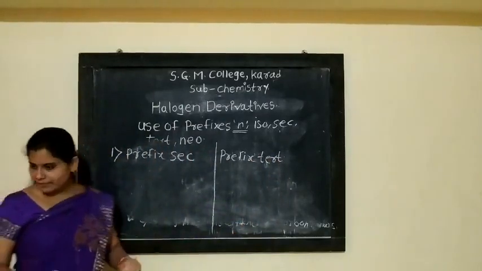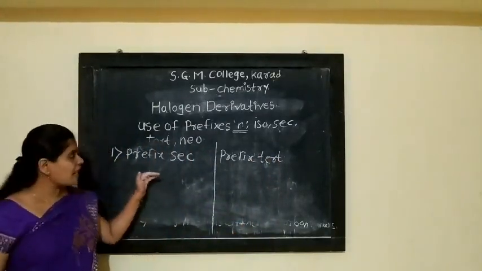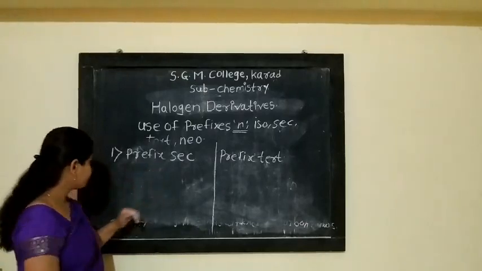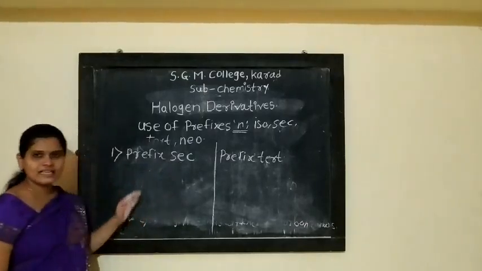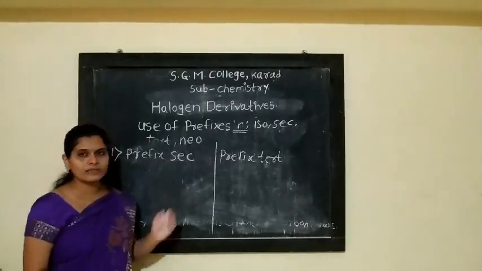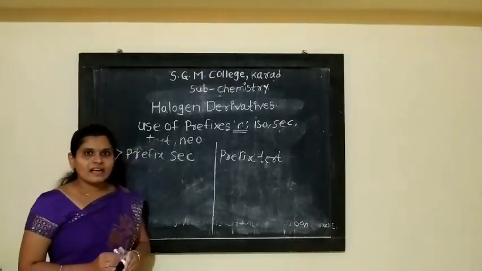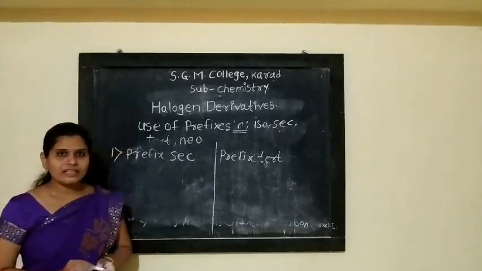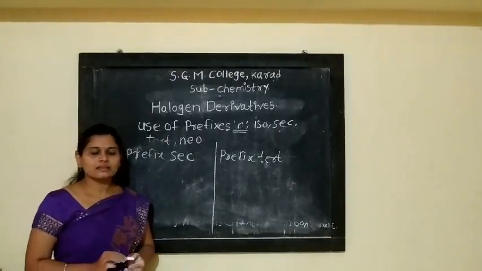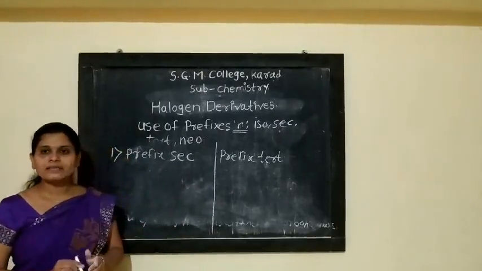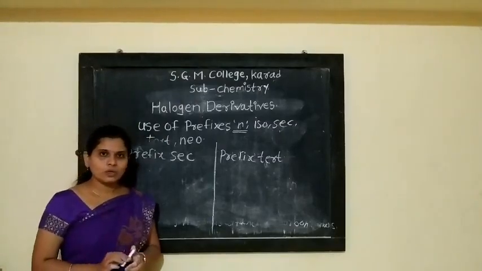Here the prefix secondary is used in a halogen derivative when the halogen atom is attached to the secondary carbon of that compound. In the last lecture, you studied that there are 4 types of carbon you have to deal with in organic chemistry: primary, secondary, tertiary, and quaternary.